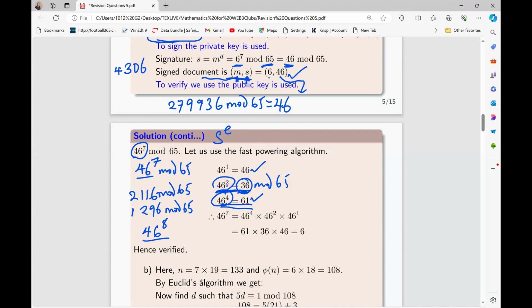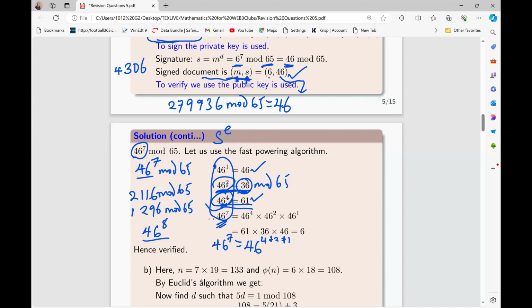So then I use what I have to get what I want. I want 46 raised to 7. To get power 7, I need 4 plus 2 plus 1.